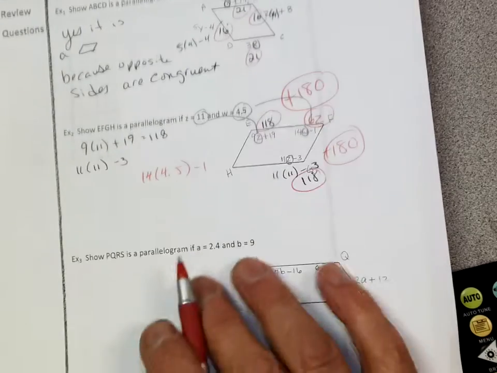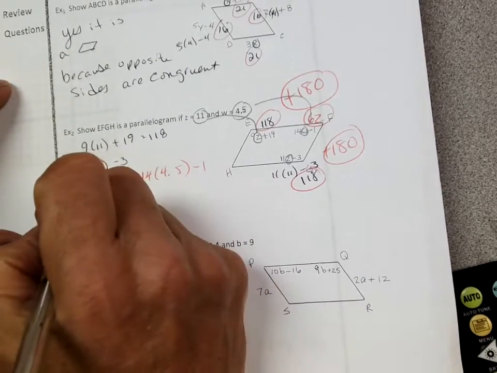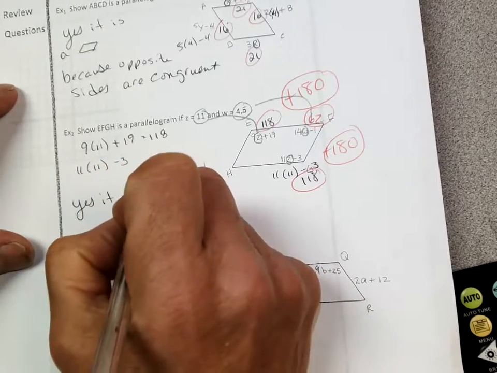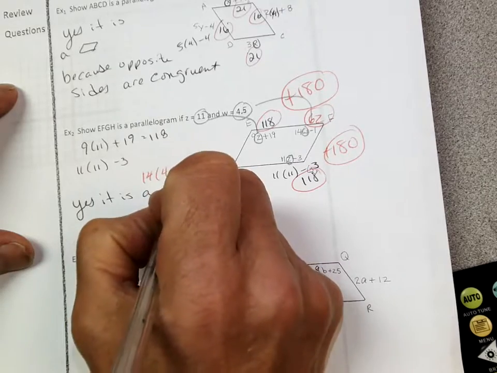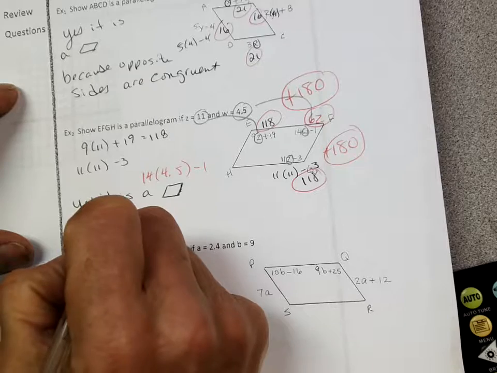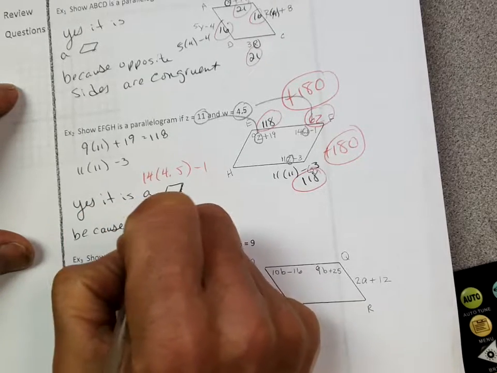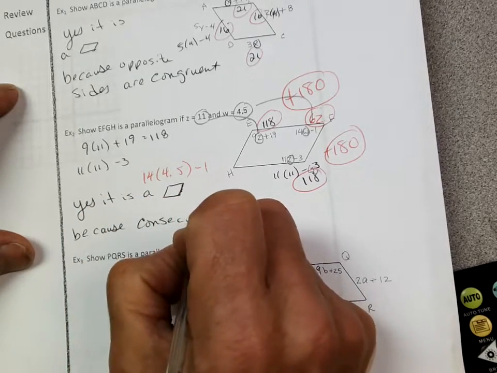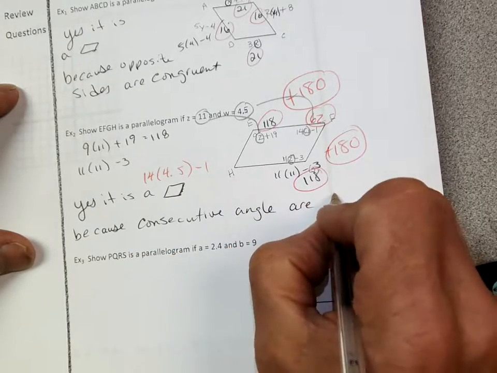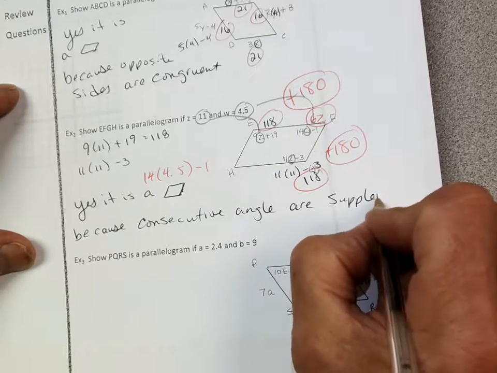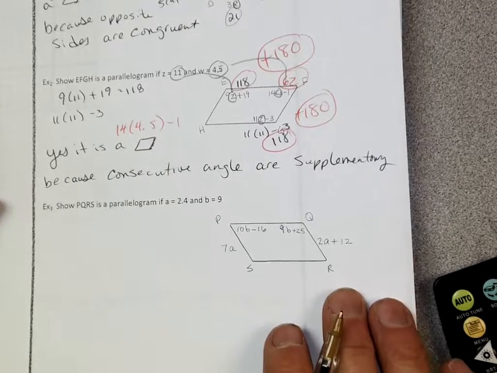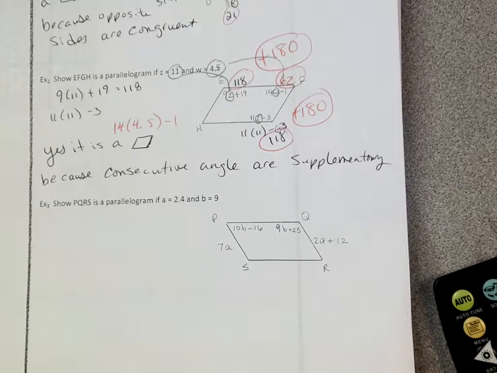So we're going to say yes, it is a parallelogram because consecutive angles are supplementary, right? Got it. Pretty easy so far?